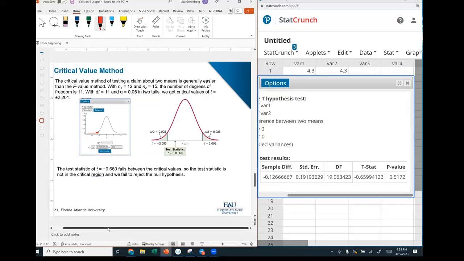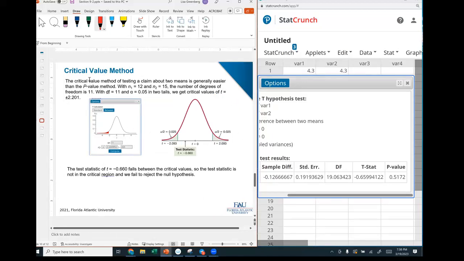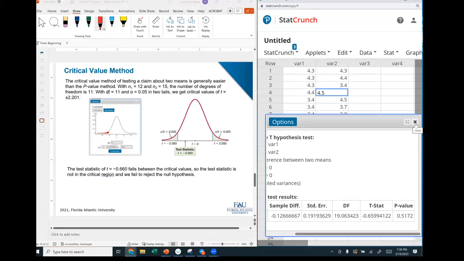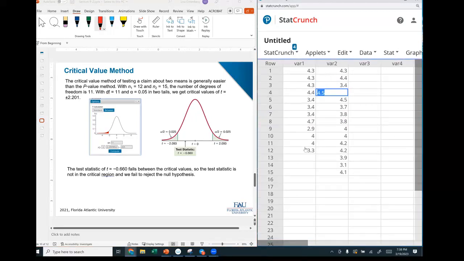We could also use a critical value method. The critical value method of testing a claim about two means is generally easier than the p-value method. I have 12 pieces of data for n1, and I have 15 pieces of data for n2.